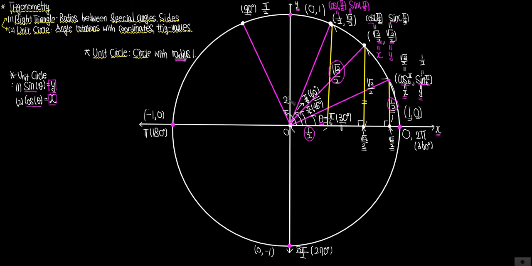So for 2 pi over 3, which is 120 degrees, there are basically 2 ways of finding this point. I'm going to explain the first way, and the second way we're going to talk about in the next video, where we'll talk about how to find the sine and the cosine of any type of angle rotation. The first way to do it is to make a right triangle just like this.